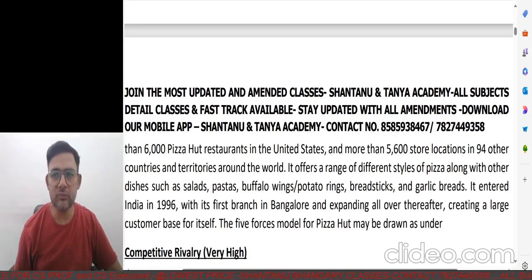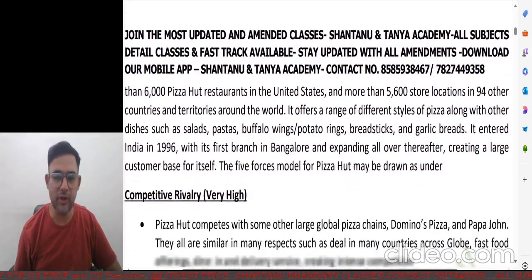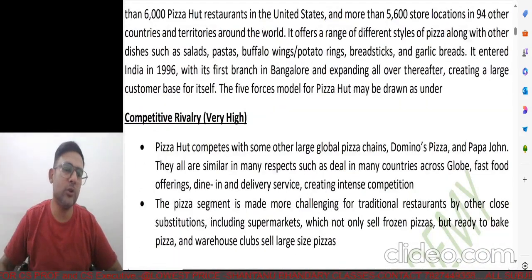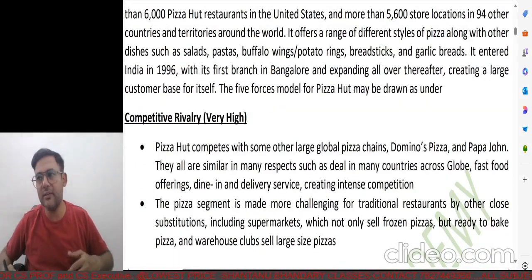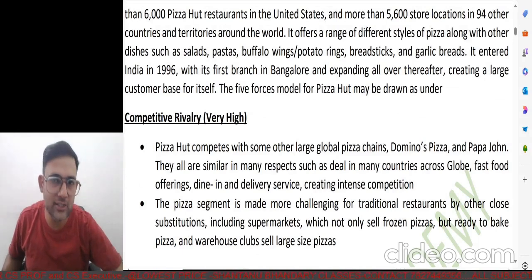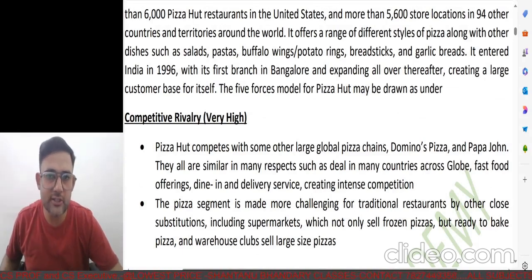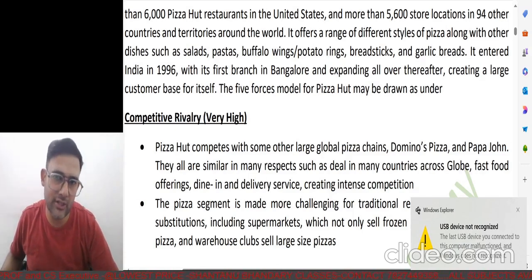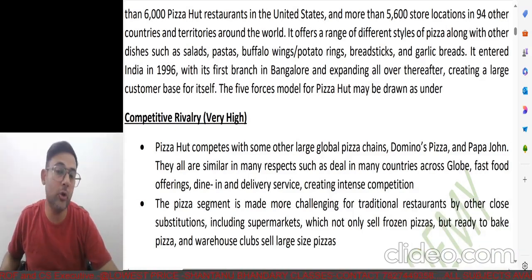Now, if we talk about this Porter's five forces principle that we discussed earlier, this kind of industry is also facing, I'll say, probably intense competition, because it's not just Pizza Hut. When you talk about pizza, you really get a lot of options. There would be various pizza vendors located near your locality, and who knows, they are probably cheaper and even give you the best quality.